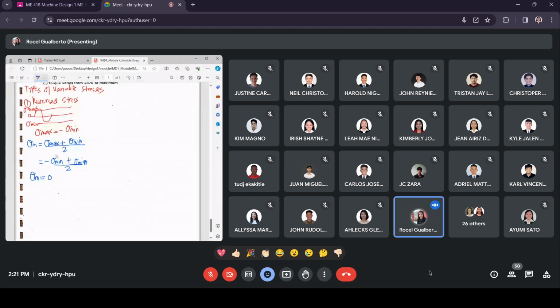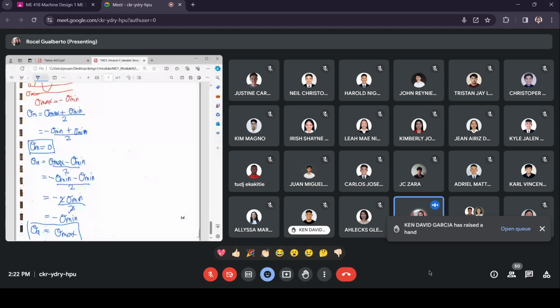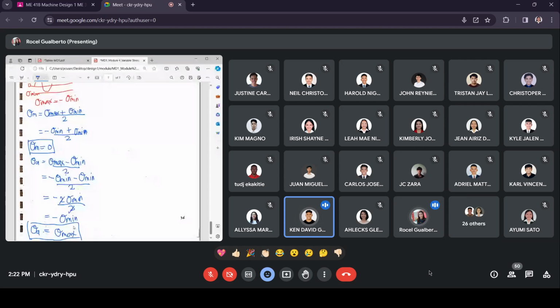What is left is negative sigma minimum, which is equivalent to sigma maximum, equal to your sigma A. So sigma A is equal to sigma max. You have to know that these are properties of your reverse stress.